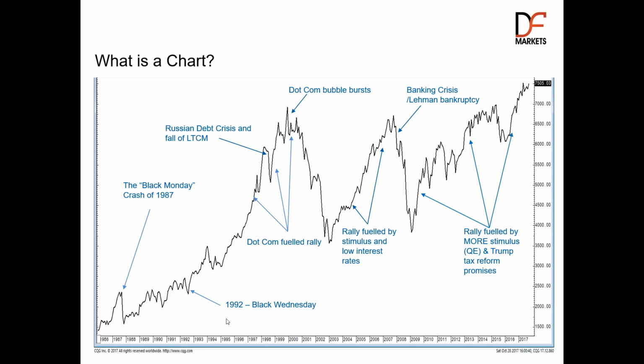We had Black Wednesday here, 1992, and there was a bit of a blip on that, and there's our Russian debt crisis right there in 1998, the thing I just talked about, where that hedge fund LTCM blew up, and that interrupted quite a meteoric rise in most stock markets, which was fueled by the .com rush, which turned out to be a bubble, and the bubble burst and markets corrected all the way back.